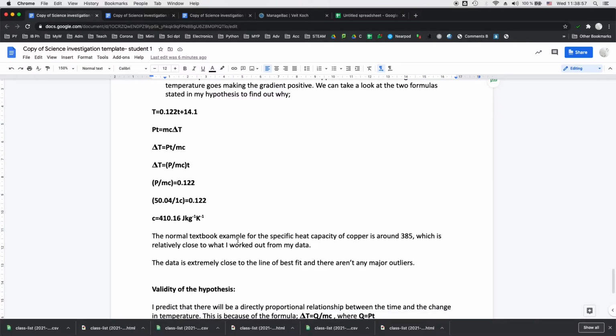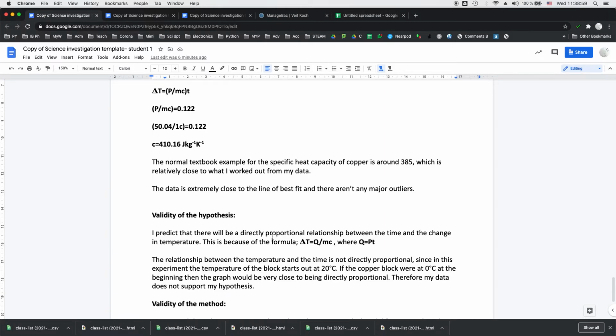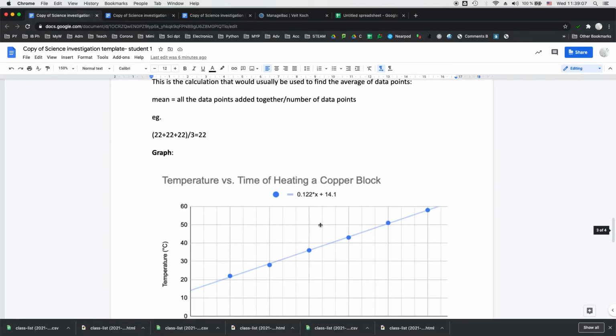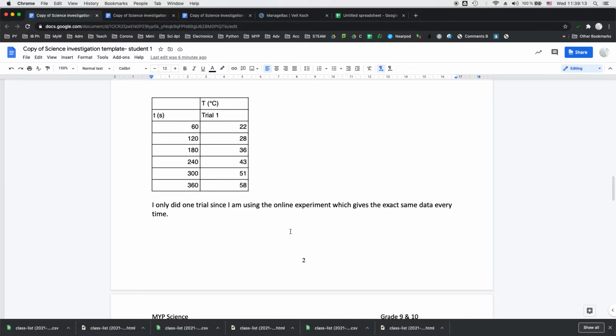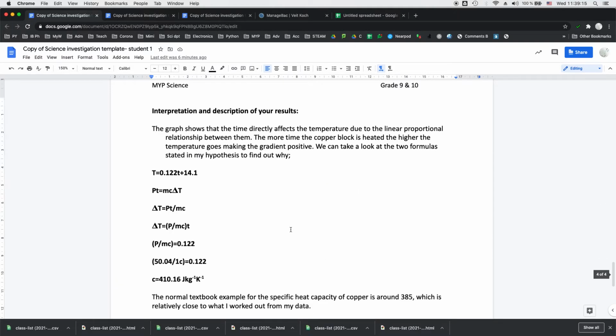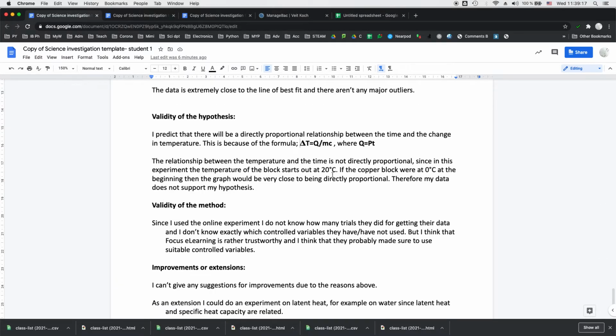In fact, there was a mistake in the prediction, in the hypothesis. The hypothesis talks about the change in temperature, and I think this is just the final temperature rather than the change in temperature as such. So there was that mistake made here. That's where this came from.